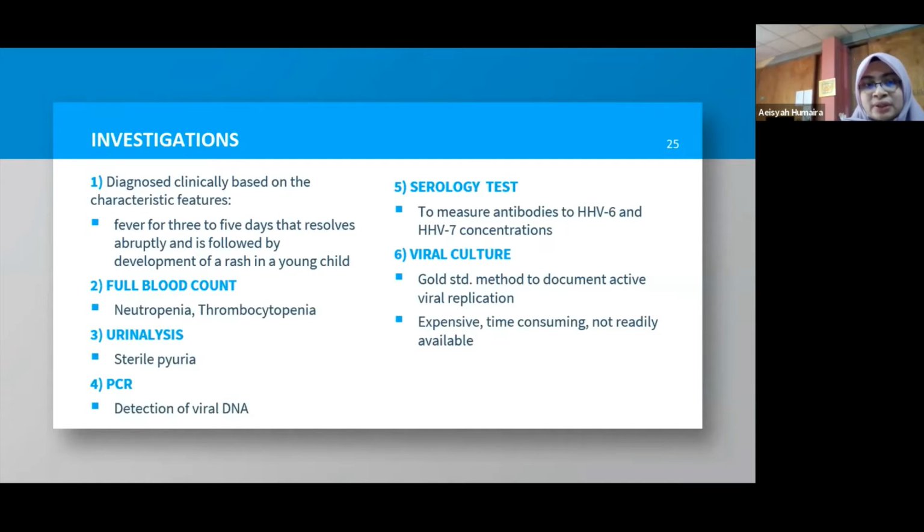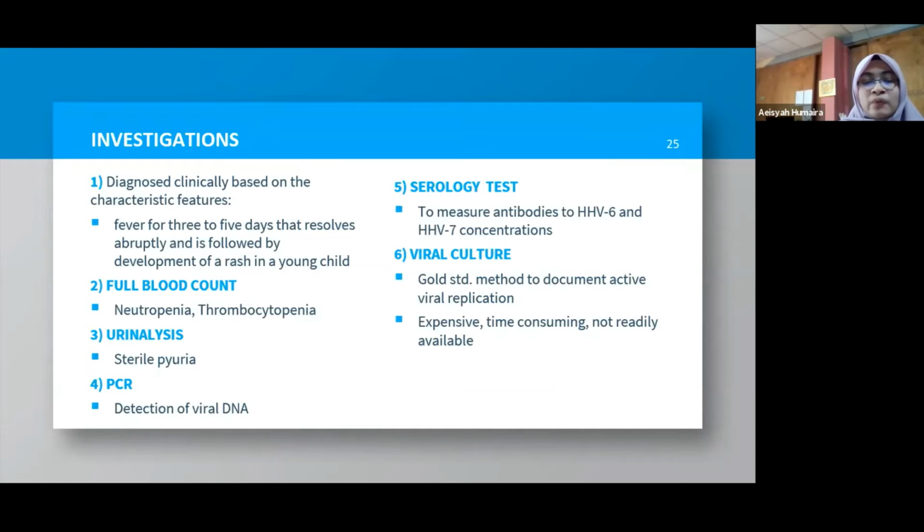The characteristic features are fever for 3 days that resolves abruptly, followed by the development of a rash. Laboratory findings are seldom necessary, but you can do a full blood count, because the patient has a low mean neutrophil and lymphocyte count, so the patient has neutropenia, and some patients also have thrombocytopenia. We can also do urinalysis, because the patient also comes with pyuria.